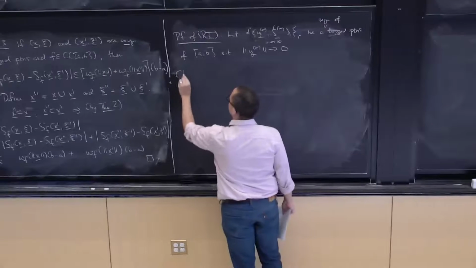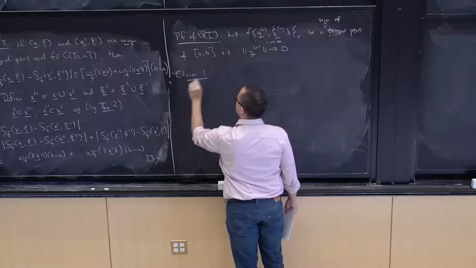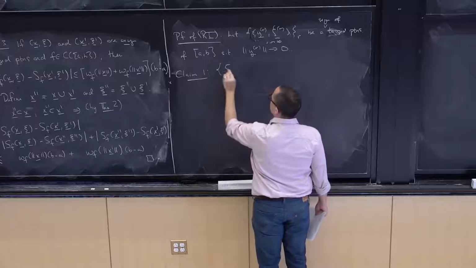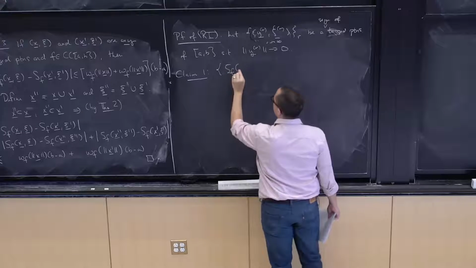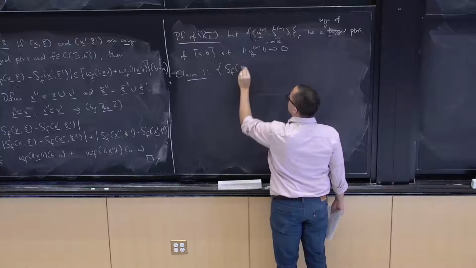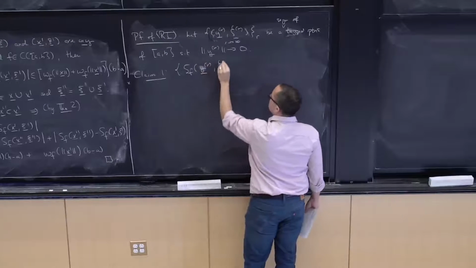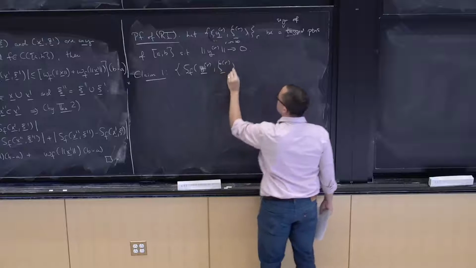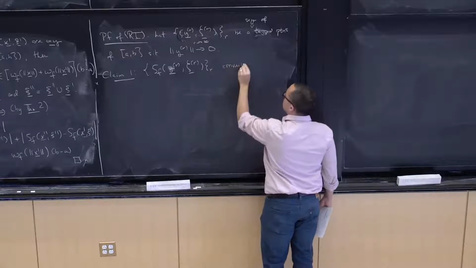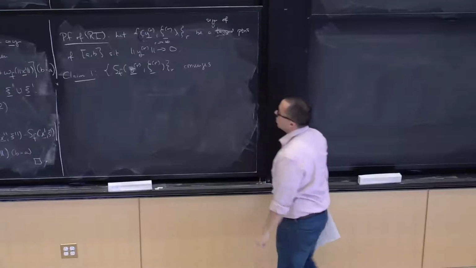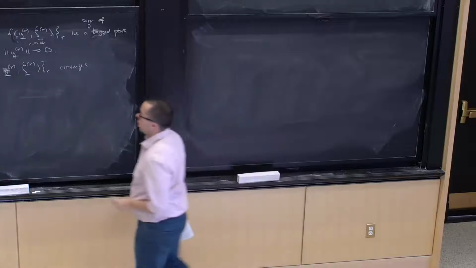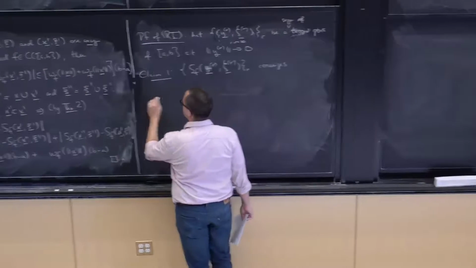All right, so claim 1. The sequence of Riemann sums, this is a sequence of numbers now, converges to some number. We're going to prove this by showing it's Cauchy.